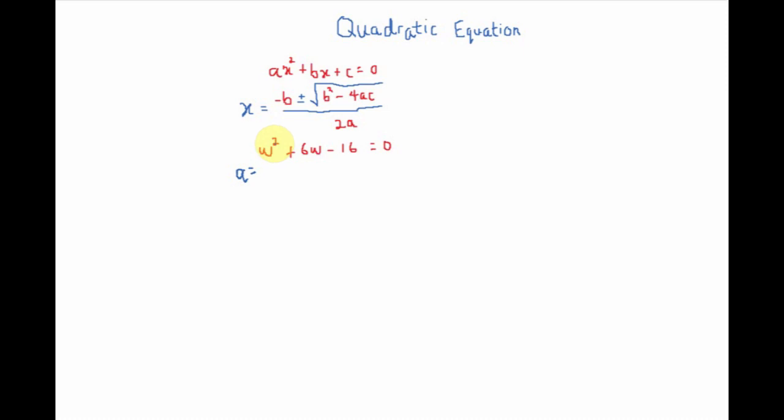So the coefficient of the independent variable that is squared here is 1. So a is 1. B is the coefficient of the independent variable that is not squared, and here it is plus 6. And c is the constant, and for this, it is minus 16.